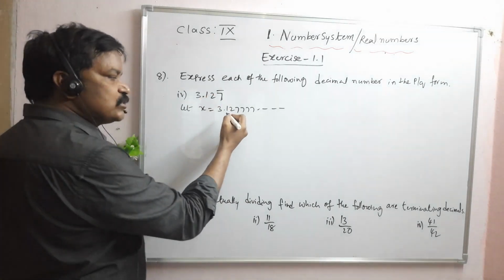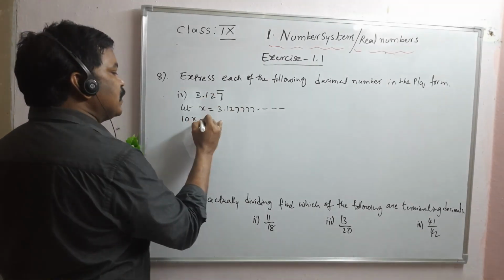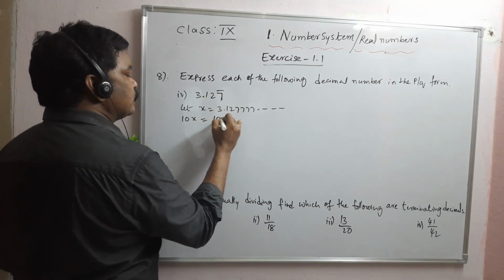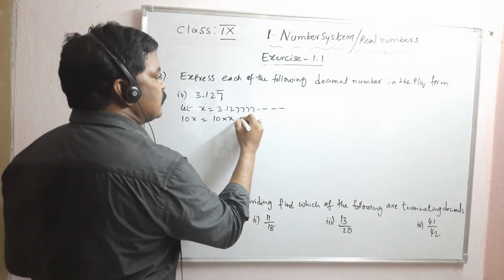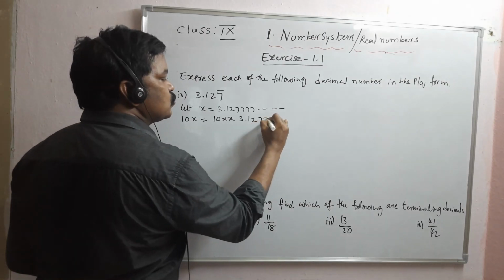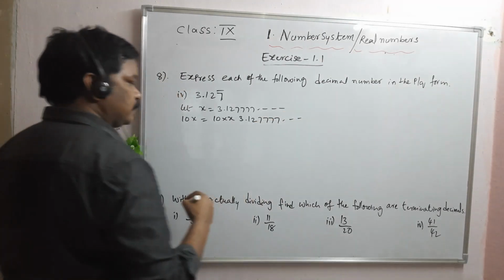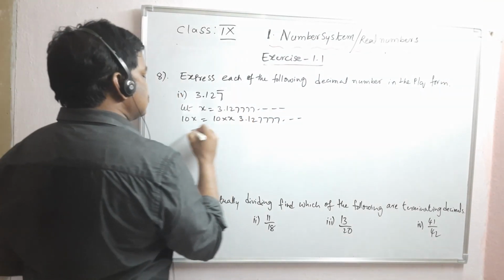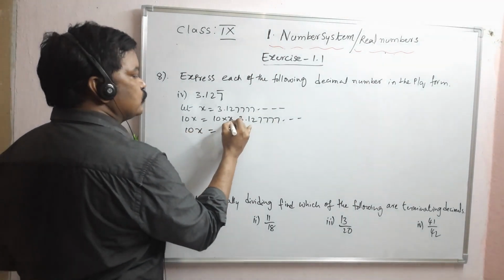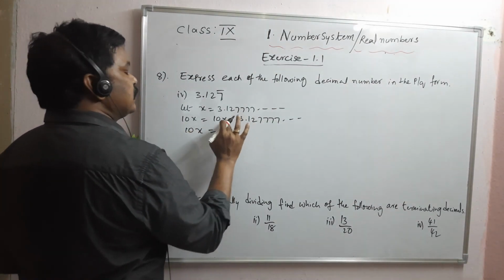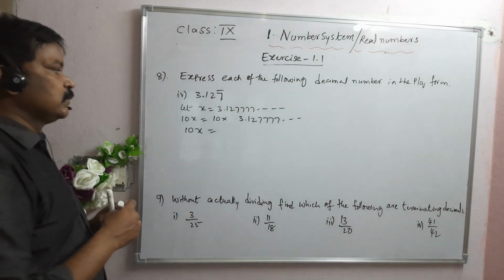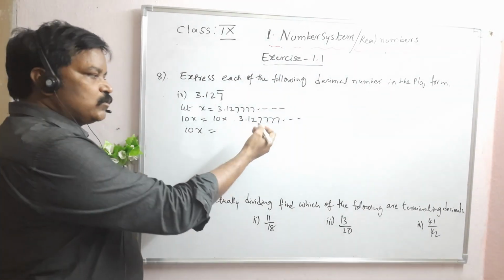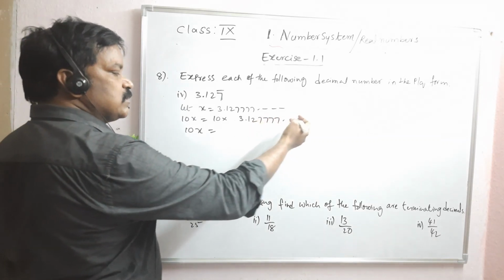Since the periodicity is 1, let us multiply both sides with 10. That means 10x is equal to 10 times 3.12777 and so on.